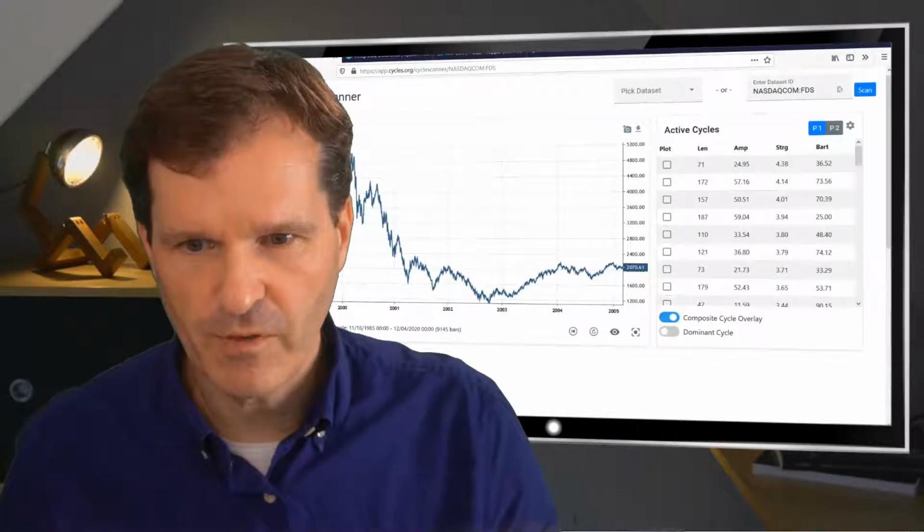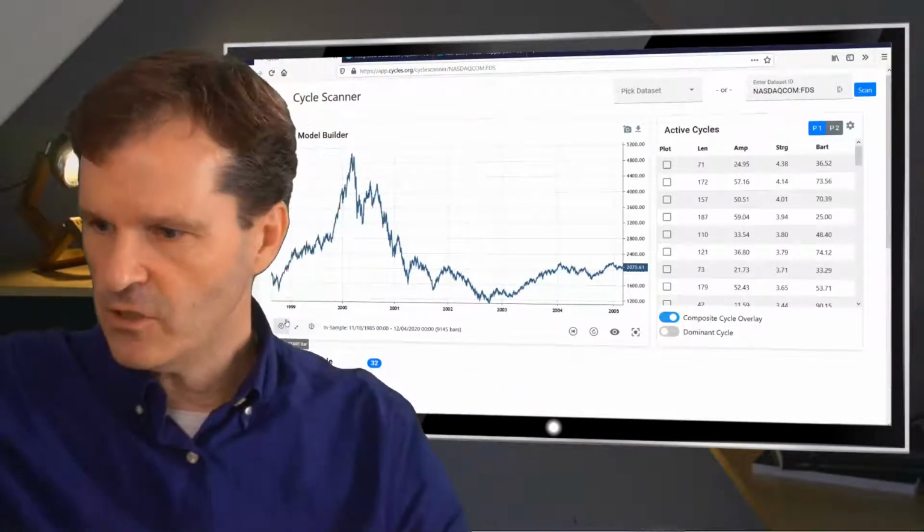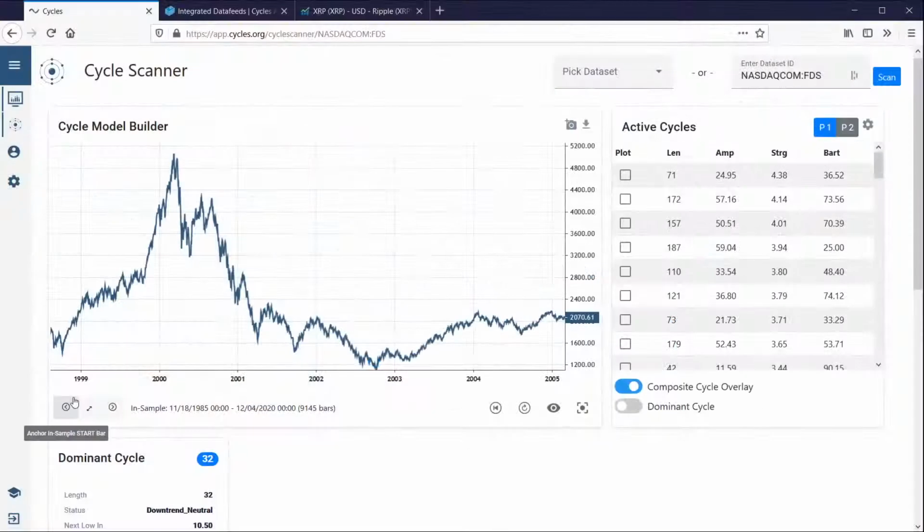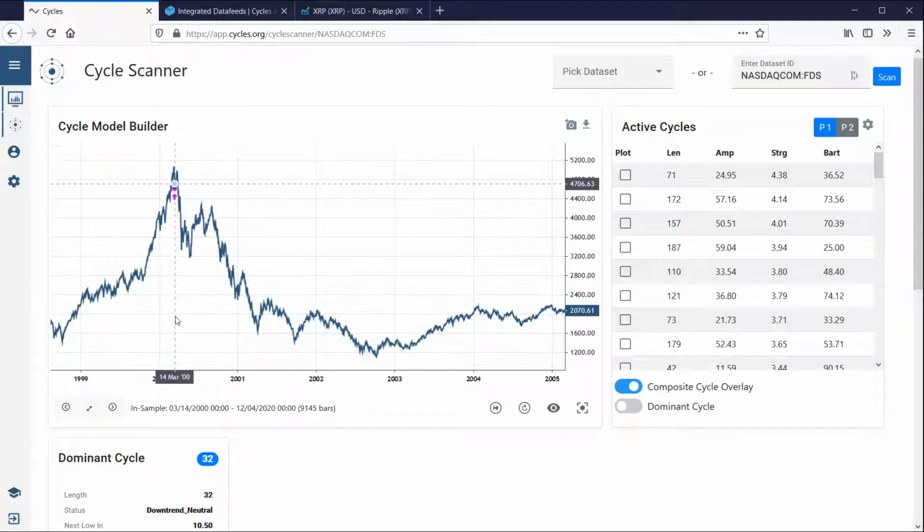If you press this symbol here, you can align the starting position for your analysis by moving on the chart and selecting the point in time where the analysis should start. So this shows you now that the in-sample period starts in March 2000 and ends today. And we just need to press refresh to update the analysis.